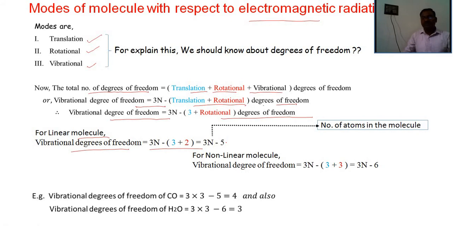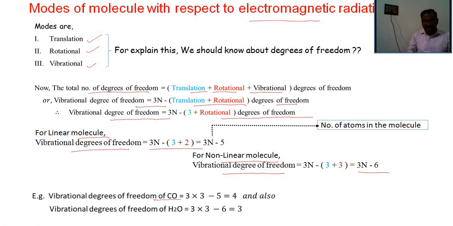Here n is the number of atoms in the molecule. For a non-linear molecule, the vibrational degrees of freedom is 3n minus 6, and for a linear molecule it is 3n minus 5. Let us consider examples.